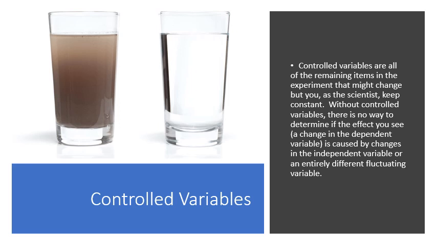So ideally, the only thing in the experiment that changes is the independent variable, and what you measure is the dependent variable. All of the other variables, we hope, are controlled and stay consistent throughout the whole thing as a basis of comparison.